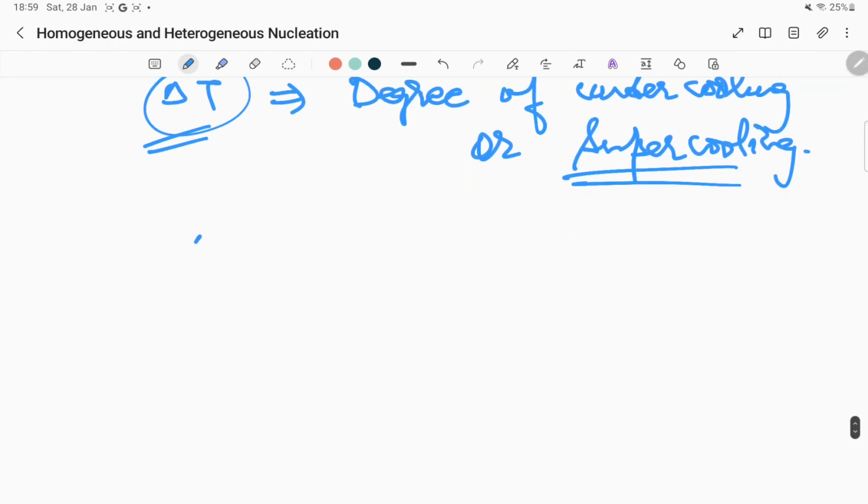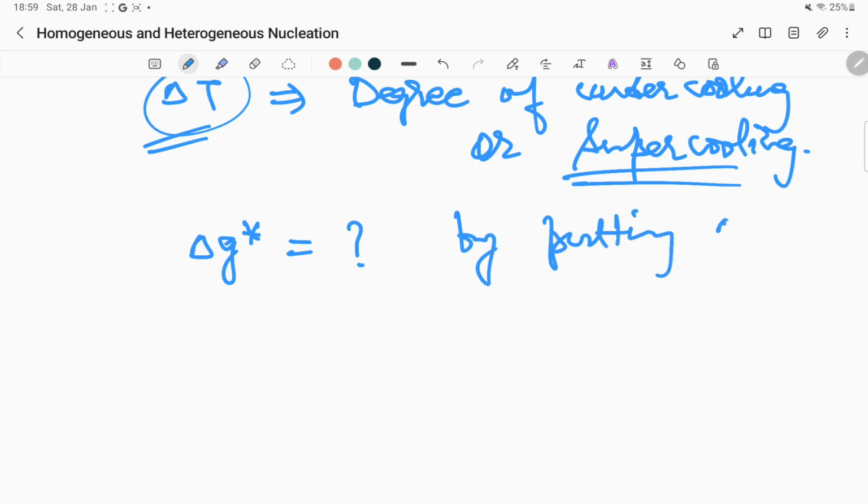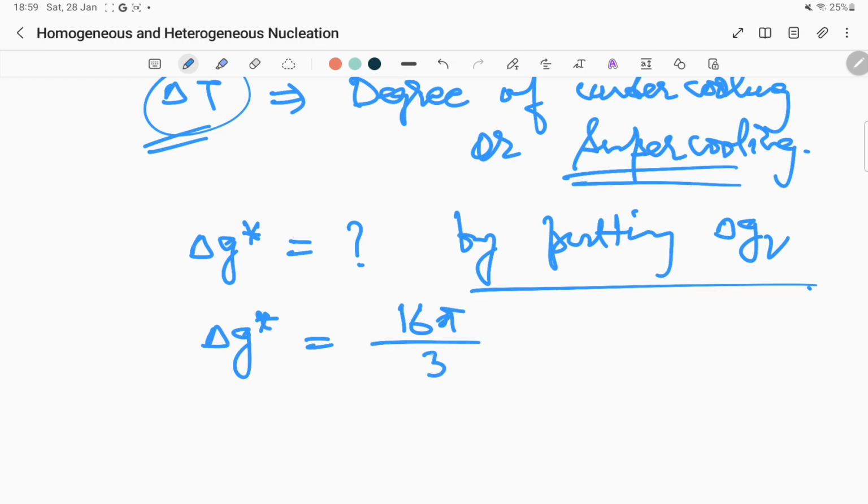Now we will calculate delta G star by putting the value of delta GV into the equation. So delta G star will be 16 pi by 3 interface energy cube divided by delta GV square.